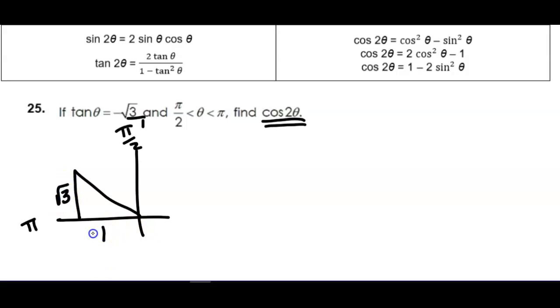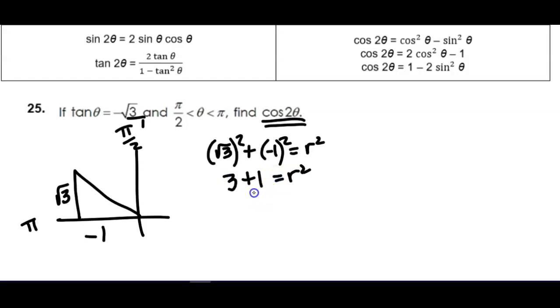Now, in this quadrant, you went left, so that's negative, and the square root of 3 is positive. Then if we do Pythagorean theorem, either r or hypotenuse, whatever you want to call that, this is 3, this is 1, r squared is 4, square root of that, and you get 2.